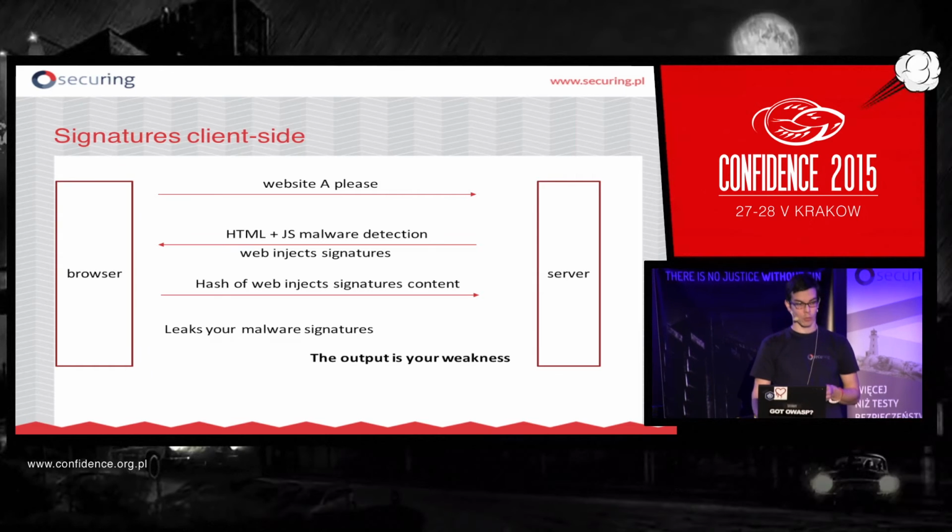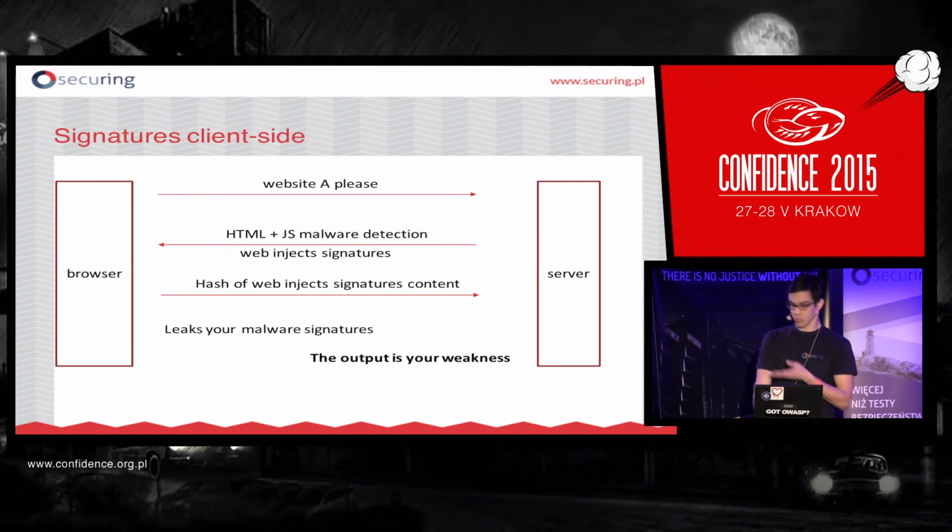The second approach was signatures client-side. Same as before, the user navigated and got all the HTML, JavaScript, and CSS he needed, and also our malware detection script. He got signatures embedded in the script.